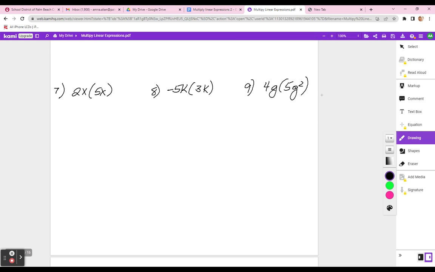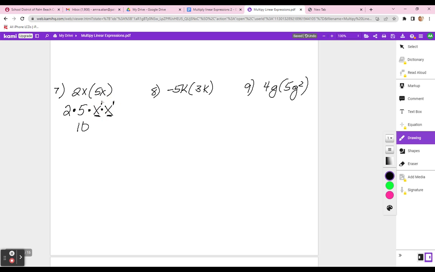All right, 2x times 5x. So you could look at this problem like this. We could rewrite it. That means the same thing as 2 times 5 times x times x. Okay, 2 times 5 is 10. And when you have powers with the same base, remember that you could look at this as a power raised to the power of 1. If there's no power, it's always 1.